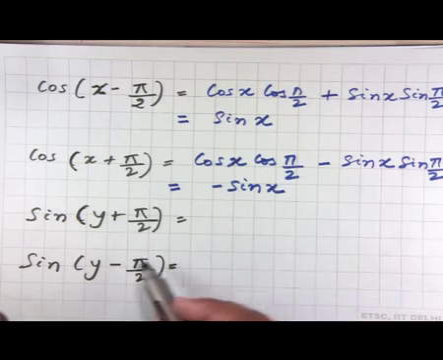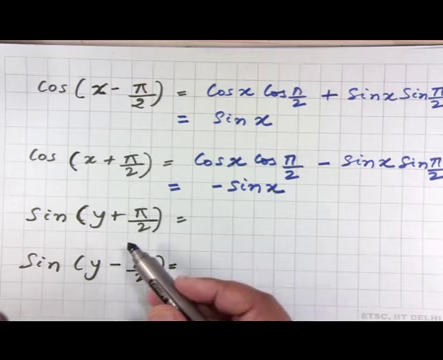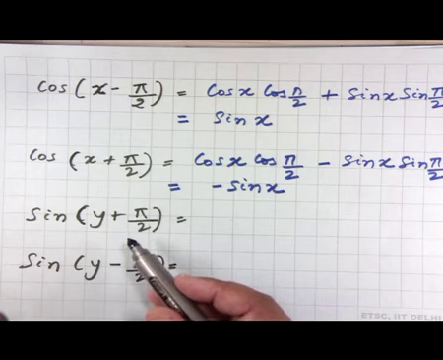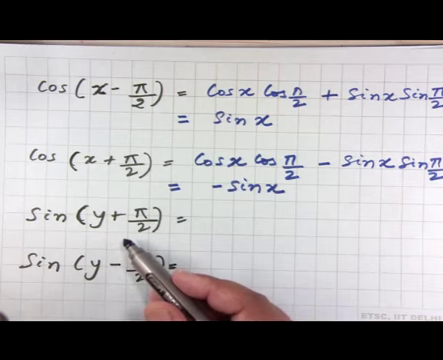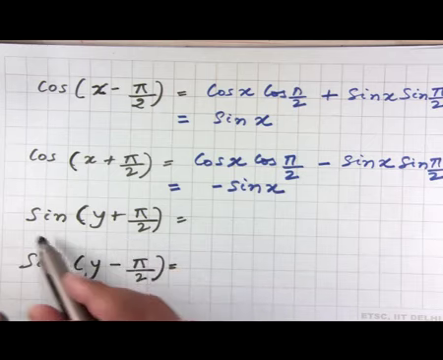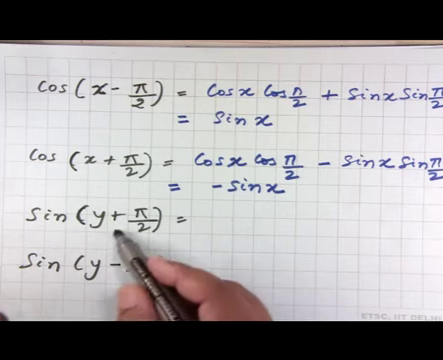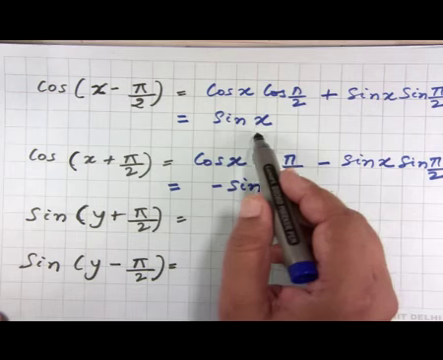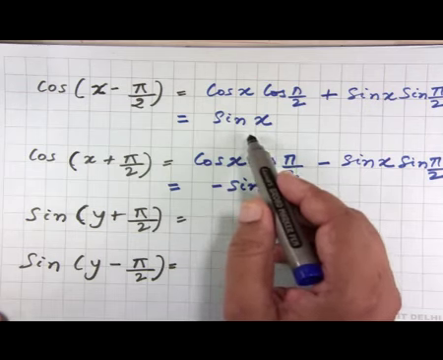Similarly, we can compute expressions for sine of y plus pi by 2 and sine of y minus pi by 2, but you would be probably wondering that we have not covered the expressions for sine of x plus y and sine of x minus y, but that is something that we will be doing in the next few slides. But here, even without that, we should be able to compute sine of y plus pi by 2. If you go back to this equation here, where we had written that cos of x minus pi by 2 is sine of x.